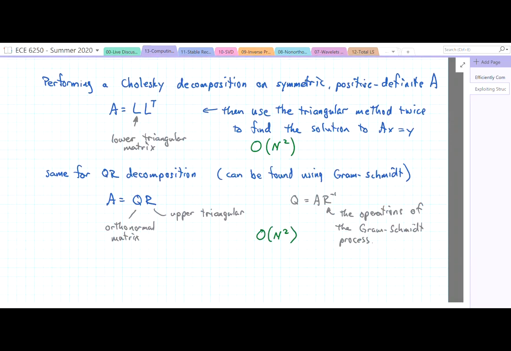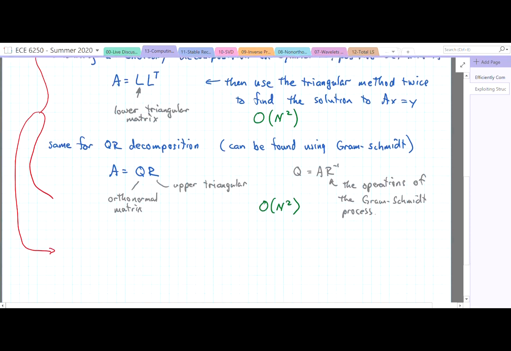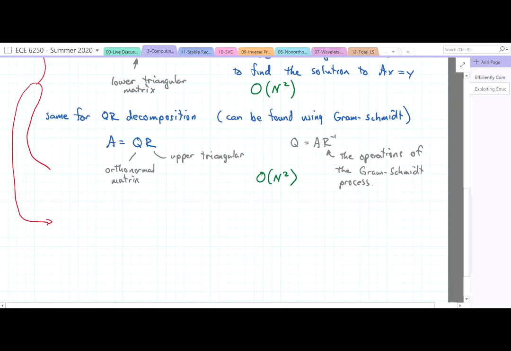You may have observed the problem with these two methods, and that is finding the Cholesky decomposition or the QR decomposition has increased complexity. So this is most useful when, let's do this, these methods are often used if the Ax equals y equation needs to be solved for multiple y's.